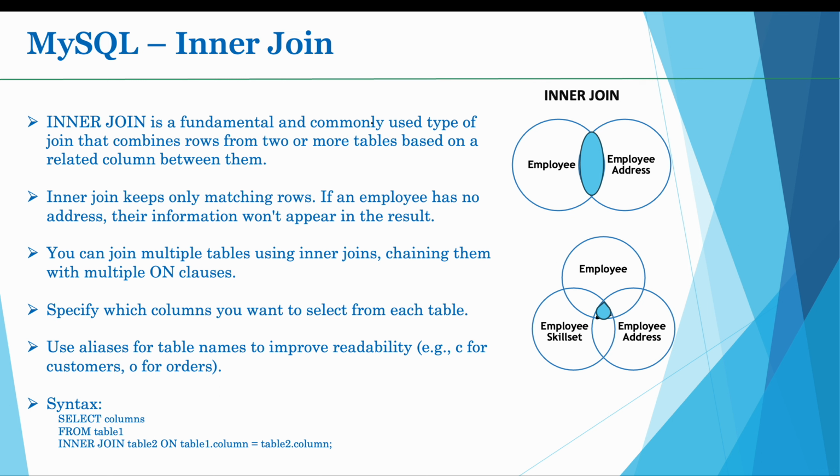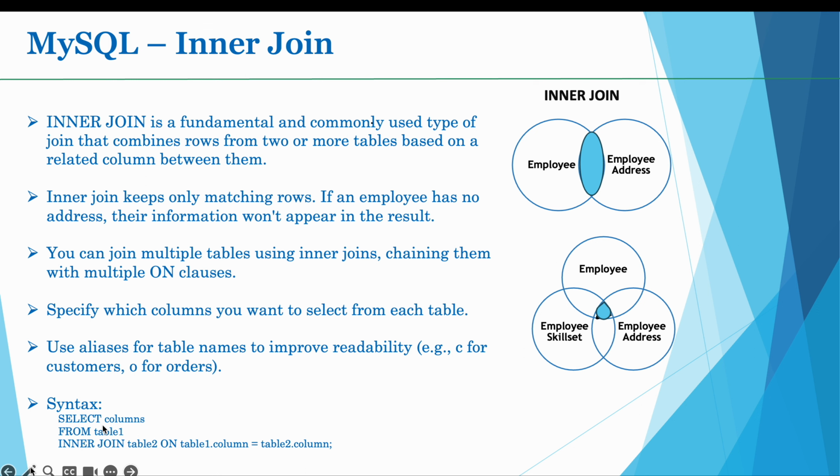So normally you will specify which columns you want to select from each table. And you can also use aliases to improve the readability of the queries, right? So the normal inner join syntax will be: select the columns that you want to select, or you can use the star, from table 1, which is the main table, inner join table 2, which is the table that we are joining, on table 1 dot column equals table 2 dot column.